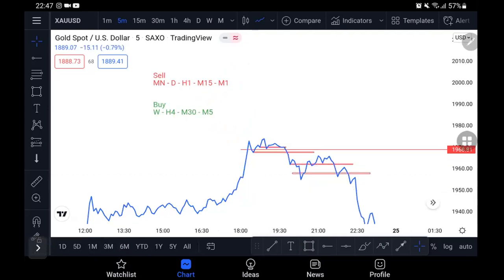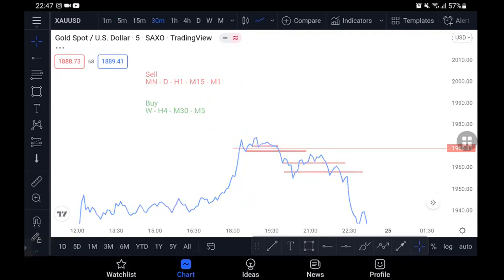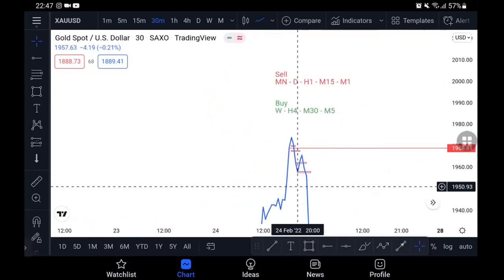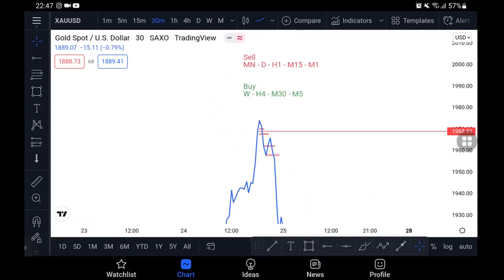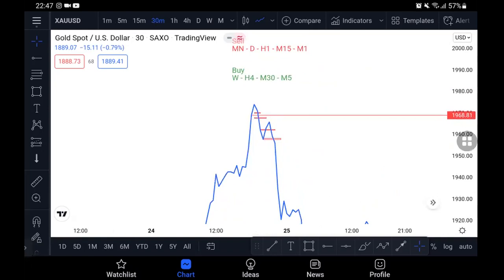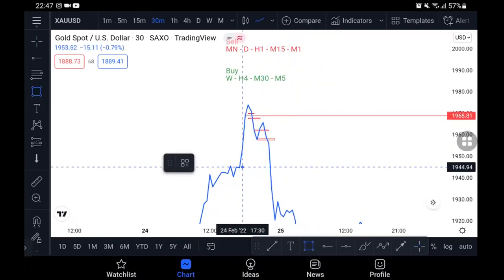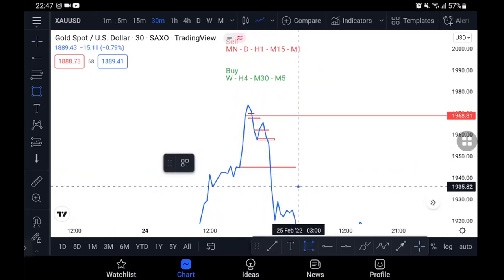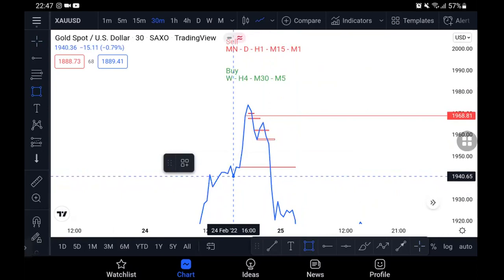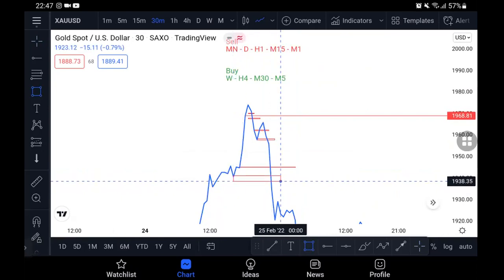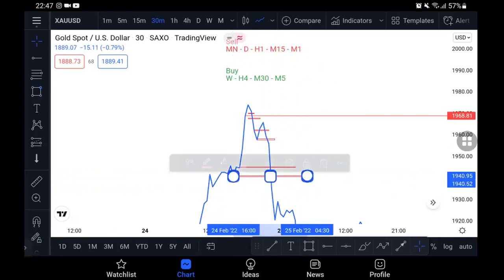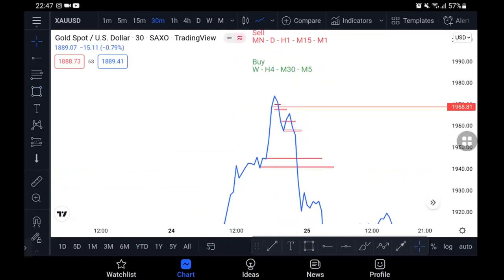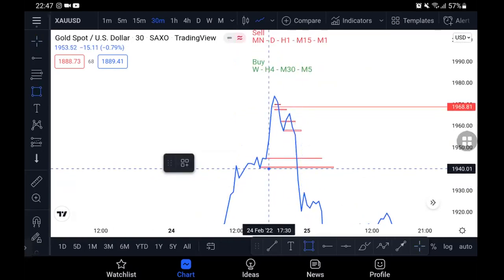So let's go to entity back. See what the market is giving. Another breakout over here. Another breakout over here. So along the way, when there is a breakout, you just look for the reentry.